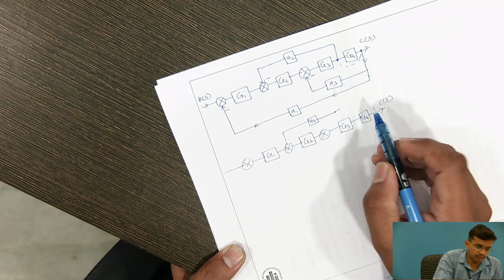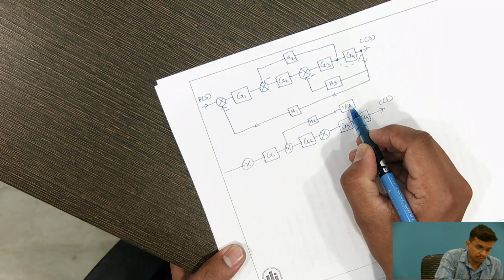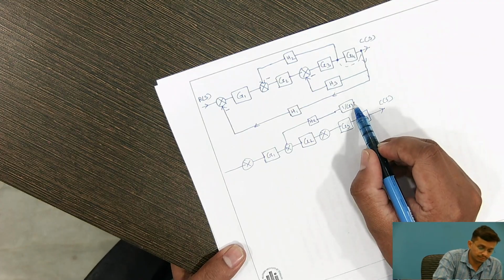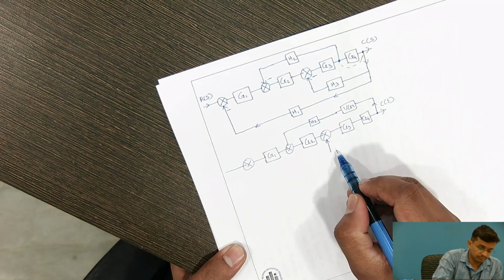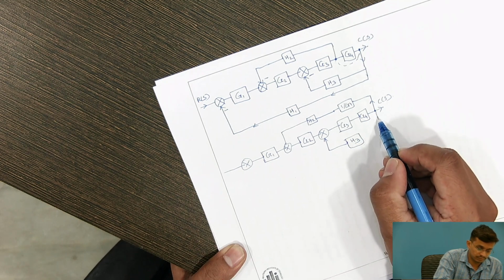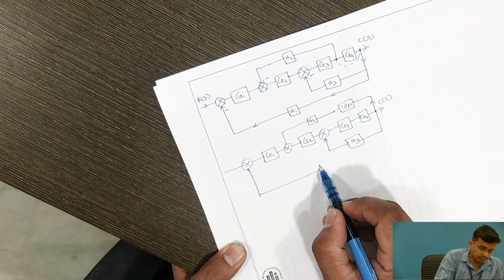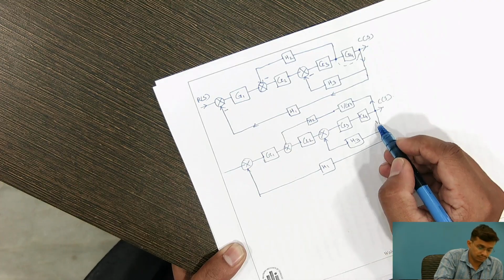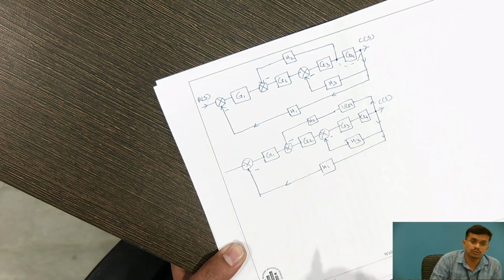So we need to insert a block 1 upon G4 because we are shifting a takeoff point after the block. This is minus, this is also minus, this is also minus.